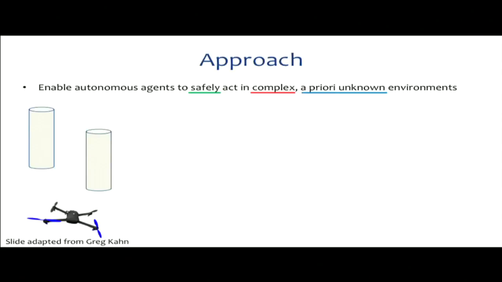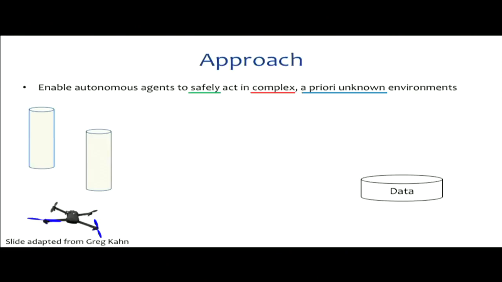The goal here is to enable the agent to safely learn in a complex a priori unknown environment. One thing I'll note is that unlike the previous two methods, this is going to be using reinforcement learning rather than imitation learning. But the underlying principles can generally be applied in both settings.